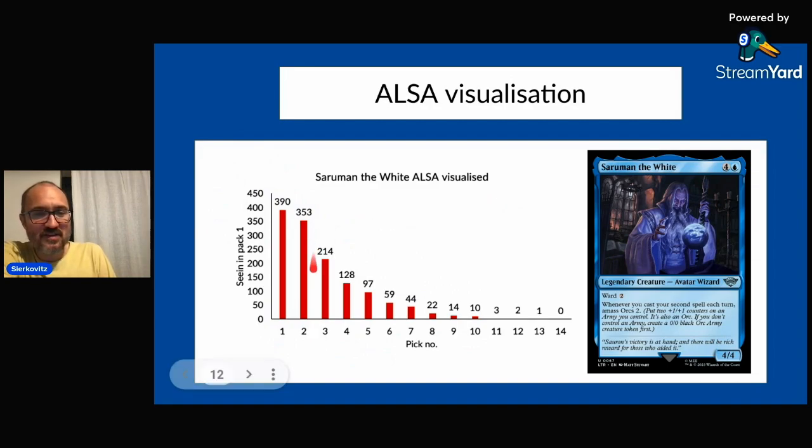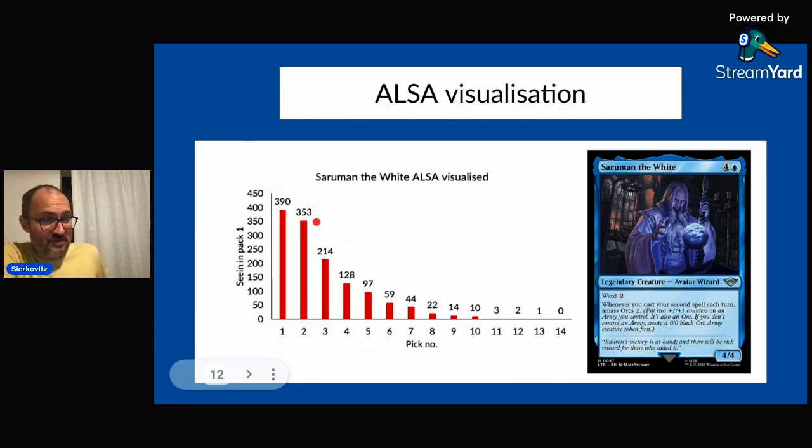And you see it something like 353 times as a pick 2, which means that, roughly, because there is probably a 5% margin between those values of how often you open them, roughly 90% of the time it's going to get passed to you when someone opened it.